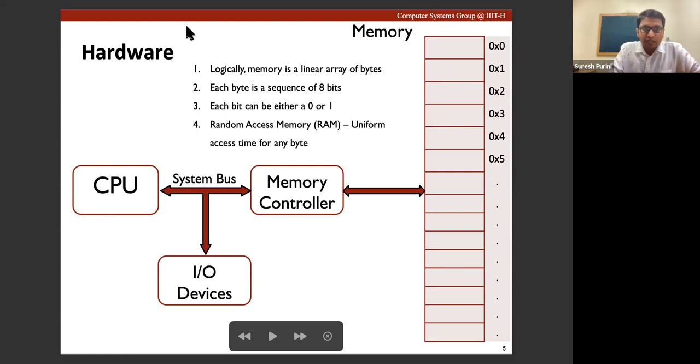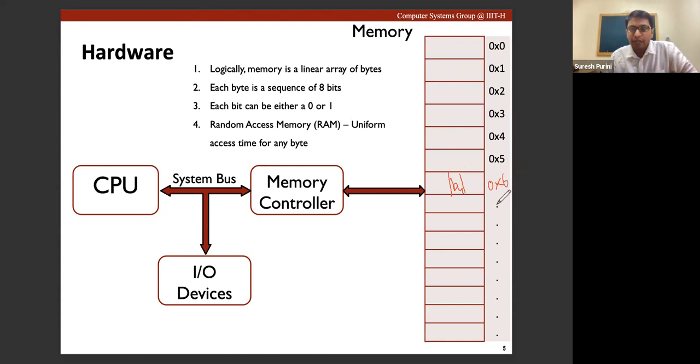For example, if you want to access bit 4 of byte 6, bit 4 doesn't have an address.